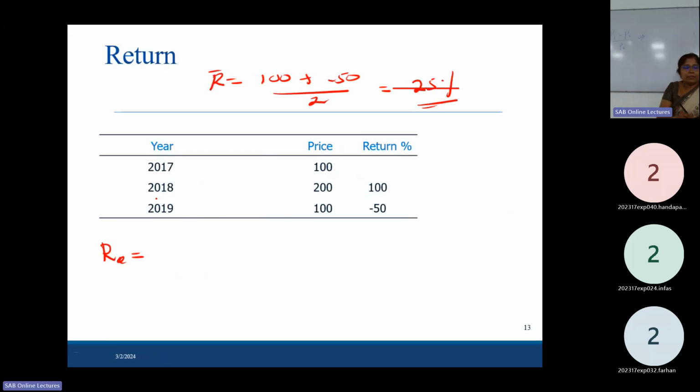So then geometric mean is equal to 1 plus R1, so 1 plus 1, into 1 plus R2. So that is 1 plus minus 50, so minus 0.5, square root, minus 1.